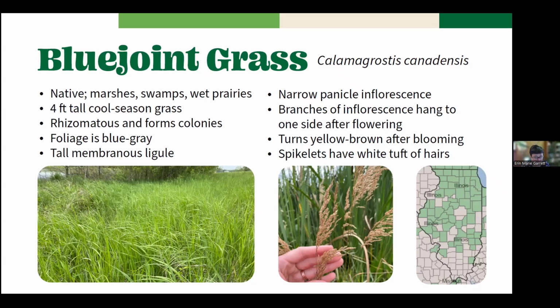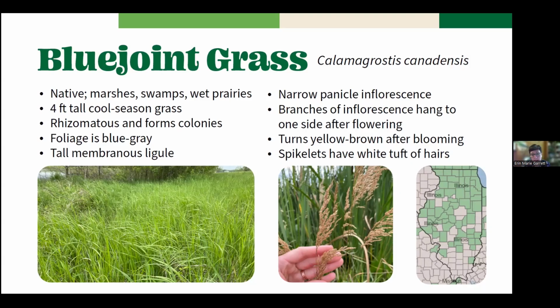The foliage of this one can have more of a blue-gray hue to it, although not always. It typically stays under 4 feet tall, and if we look, it is going to have a tall membranous ligule. And then the panicle is going to be kind of interesting. There's a few of them like this, where it is a panicle inflorescence where everything is puffed out, lots of branches, but then as it senesces, everything hangs to one side.